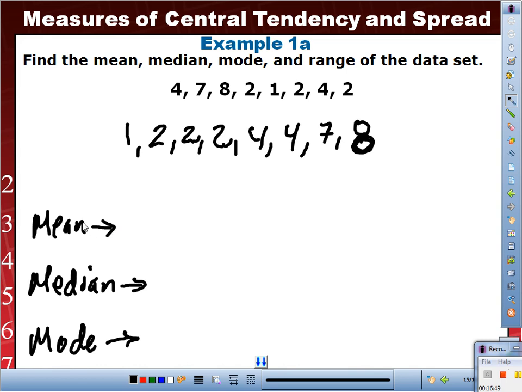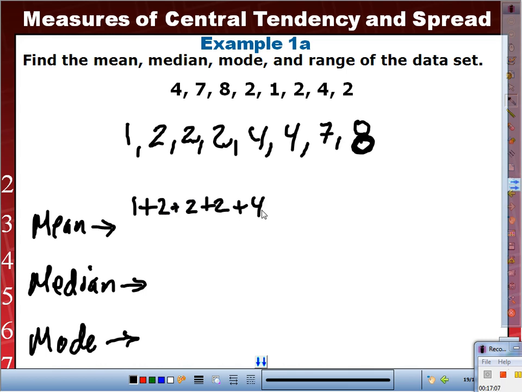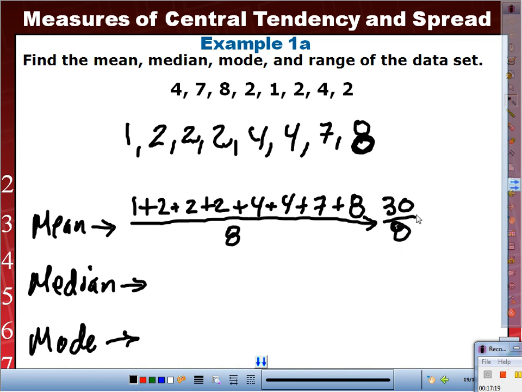All right, help me with the mean. What do I do for the mean? Luca. Add them and divide by 8. That is correct, because there's 8 numbers. So this is 30 divided by 8, which is 3.75. Fatima, how do we find the median?